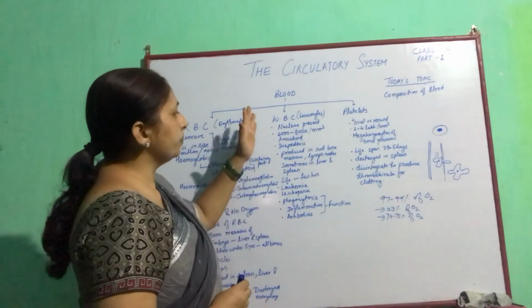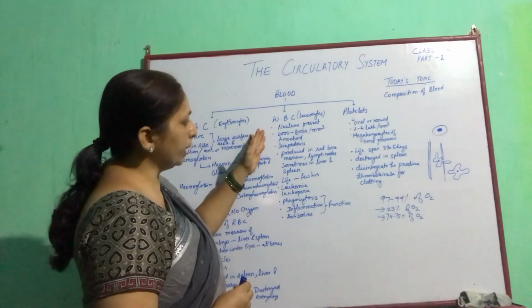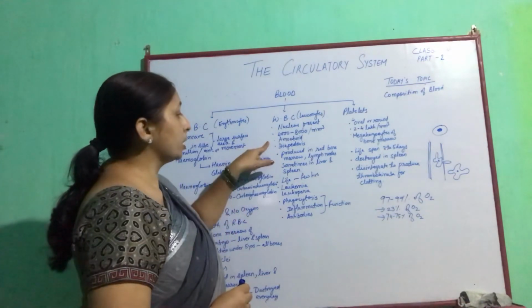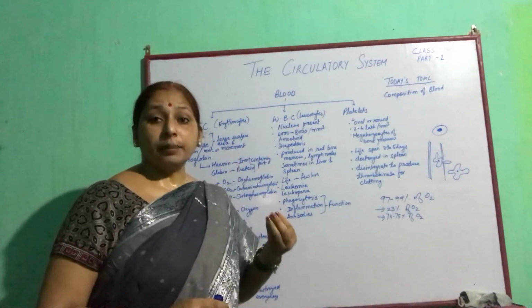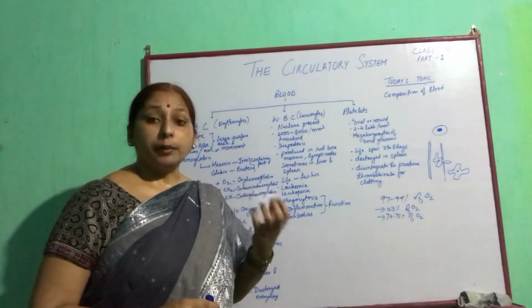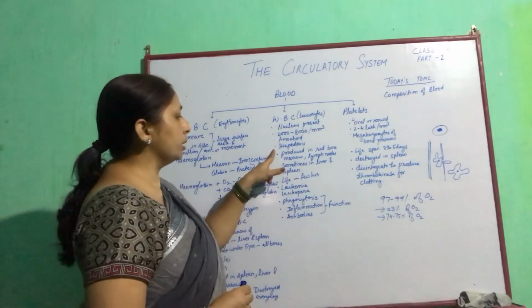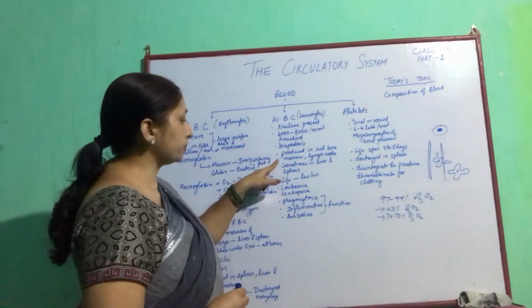I am repeating. Nucleus is absent, amount is 4,000 to 8,000 WBC per millimeter cube. Shape is amoeboid. Diapedesis movement, that is an amoeboid, squeezing movement, is shown by the WBC cells to fight against the disease causing agent.